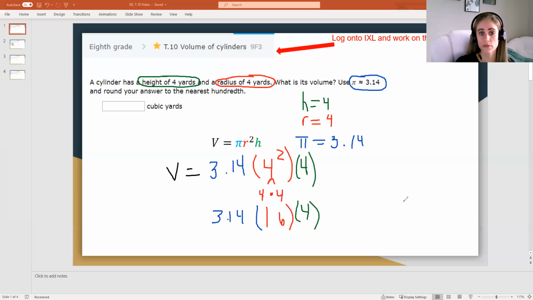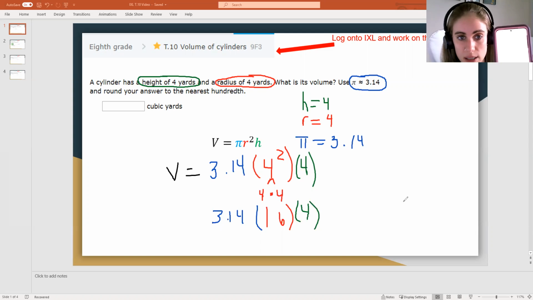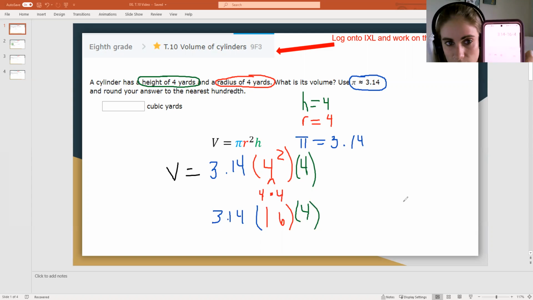And one of our properties in math is that when you get to something that is straight up multiplication, it doesn't matter the order, which means you can just multiply this straight into your calculator. So 3 and 1/400ths times 16 times 4. And let me show you how I did that. You can just multiply that entire thing into your calculator.